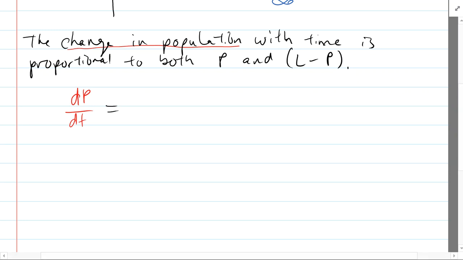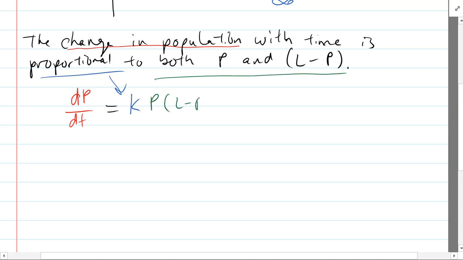Proportional to means the K. Okay? Both means it's P times L minus P. Proportional to both means multiply them. And we just took that sentence and turned it into a differential equation.